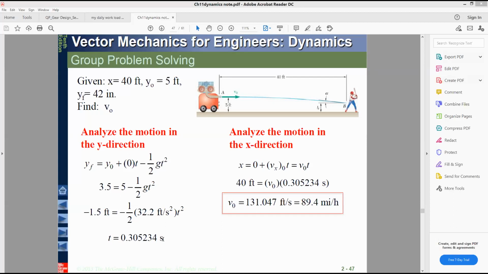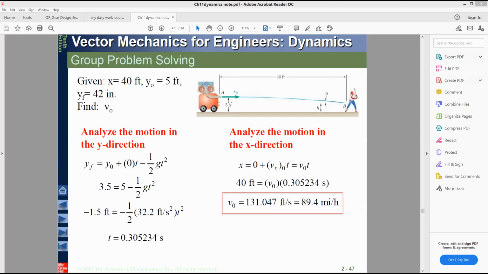So vx, which we have to find out, is x, here 40, divided by that time. So we can easily find that if our initial velocity v0 is 131.047 feet per second, then we can maintain this height.